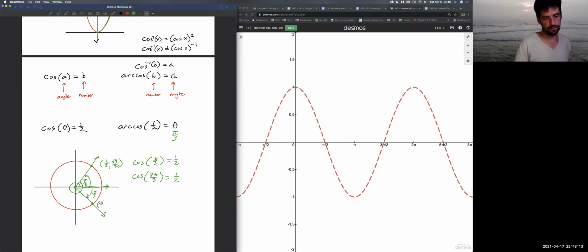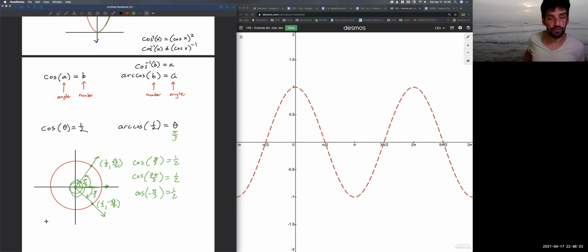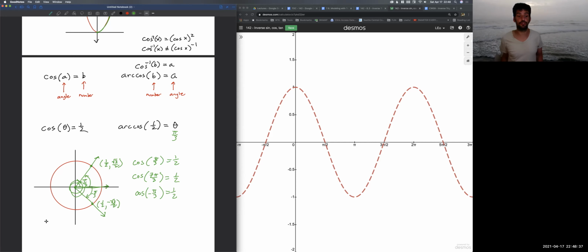That has coordinates 1/2, negative √3/2, and cosine of negative pi/3 is also 1/2. And then of course we could wrap all the way around this way. We can go around 1,000 times and keep ending up at one of these two angles. So we have an infinite supply of coterminal angles to these first two angles.